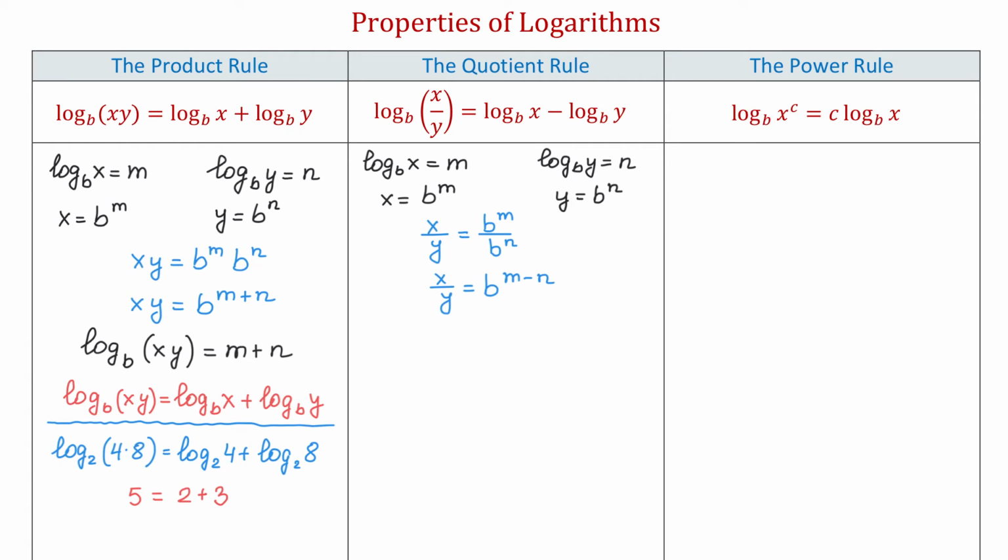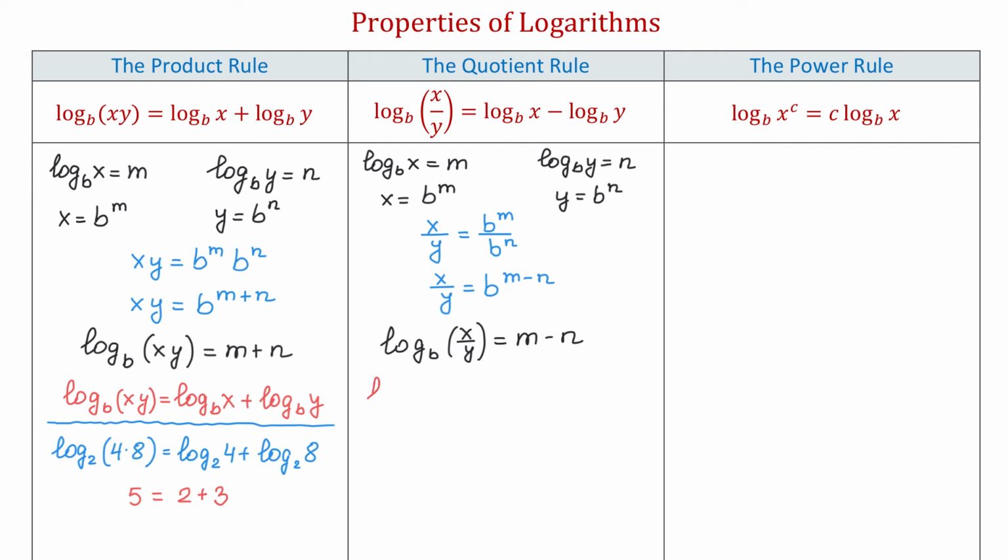And now in this equation, b is the base, m minus n is the exponent, and x over y is the result. Then if we write it in logarithmic form, we will have log base b of x over y equals m minus n. Then on the right side, we will replace m with log base b of x and n with log base b of y.